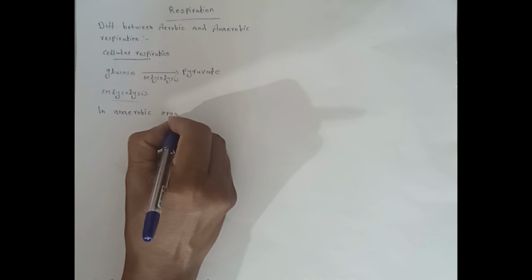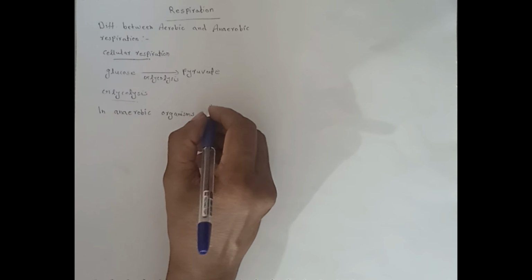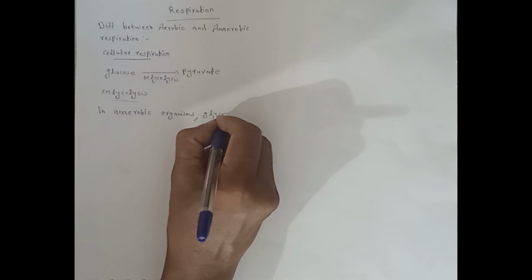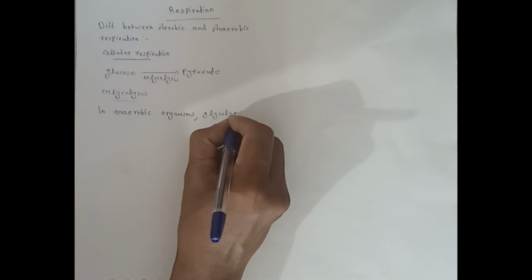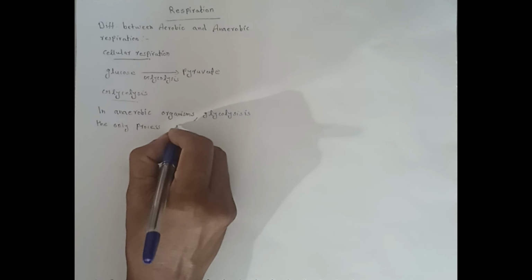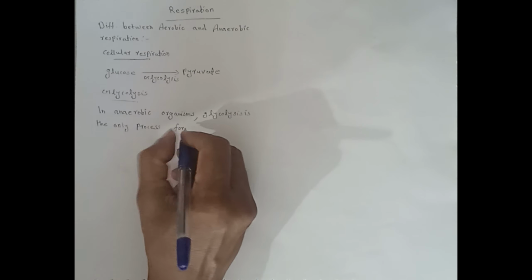Anaerobic organisms, that means living beings, use glycolysis as the only process for cellular respiration.